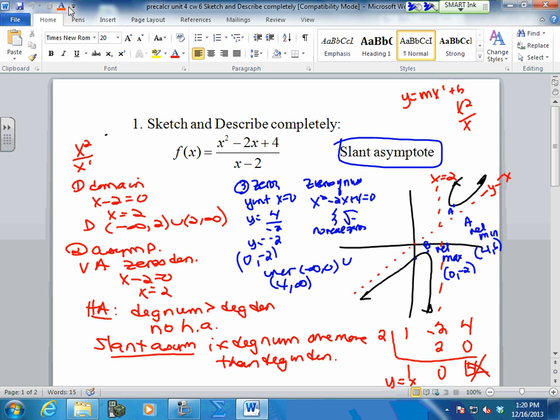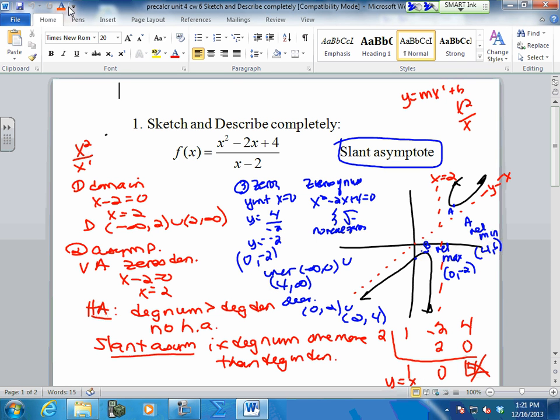Where's your decreasing going? From this, just pretend it's over here at the 0. From 0 to where? What x value? 2. And then from where is it decreasing again? From 2 to what value? 4. Okay.